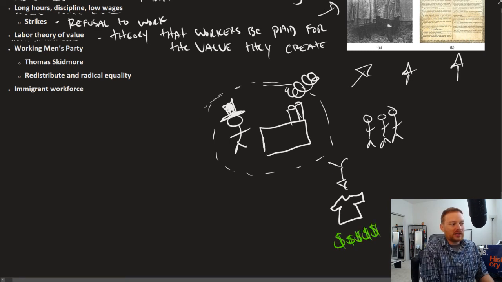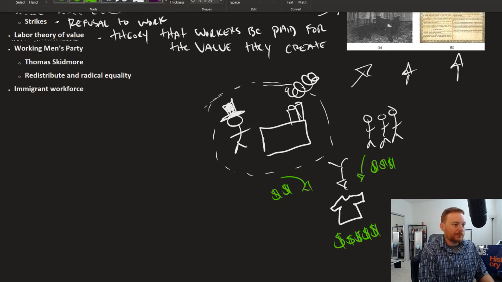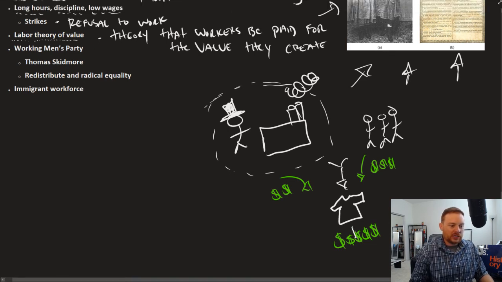And what labor theory of value states is that for whatever value that the workers put in, right? Let's say that they put in $3 worth of work and the business owner puts in $2 worth of work. Well, then that ought to be divided, or split up fairly, right? That the workers should get that much back and that the business owner should get that much back. But in reality, of course, it didn't work that way.